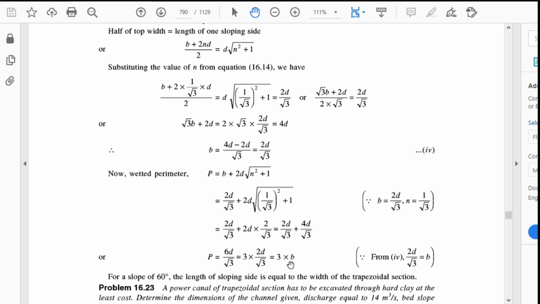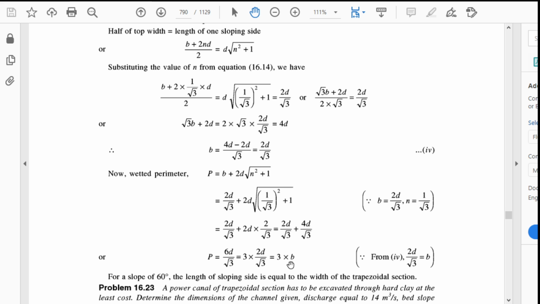That means the wetted perimeter for the best side slope and best section should be equal to 3 times the bed width for the channel.